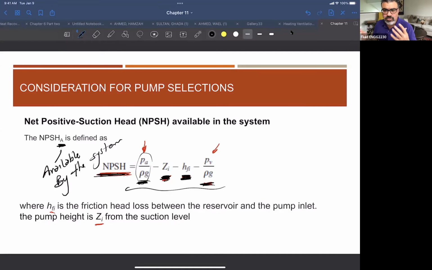So you have to keep in mind that in fluid mechanics, we are not really looking at the material itself, like whether this pump material is stainless steel or cast iron. We are not getting into the pressure distribution inside this thing. Here, the pump is required to provide energy to the fluid that makes the fluid move from point A to point B.